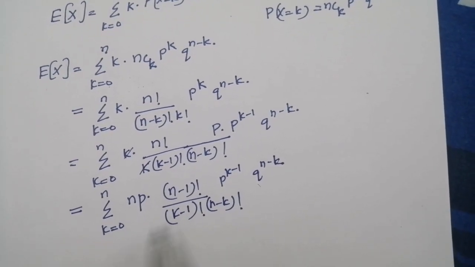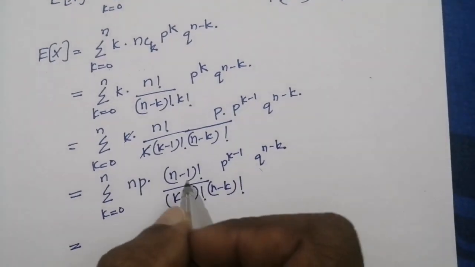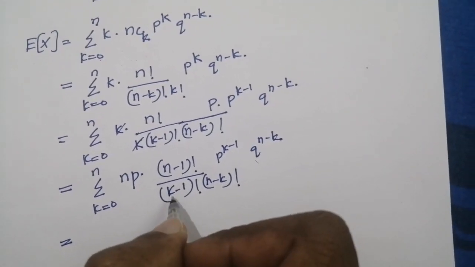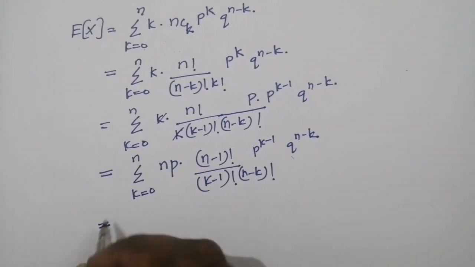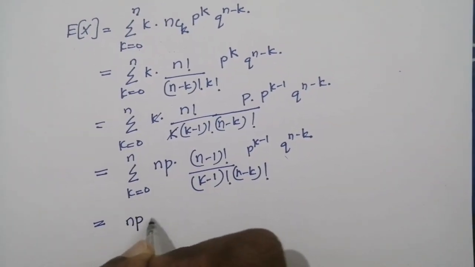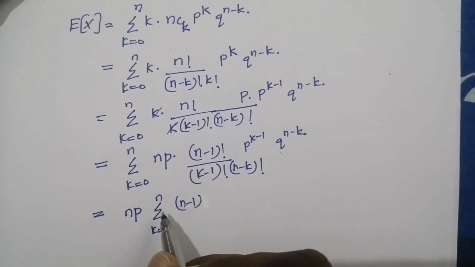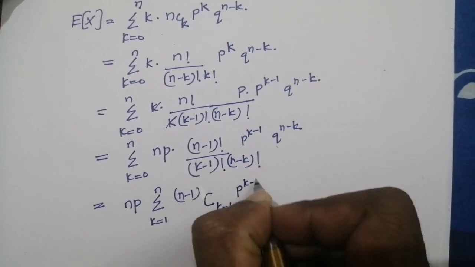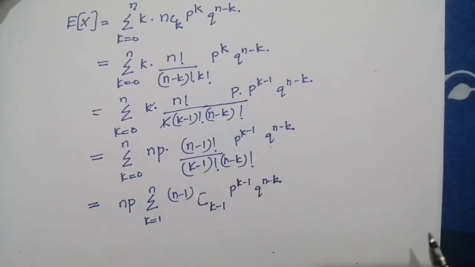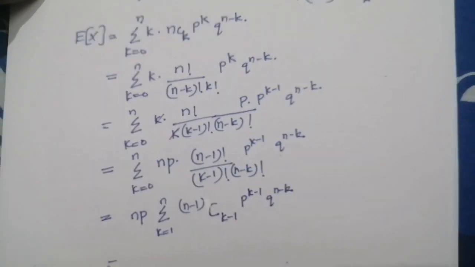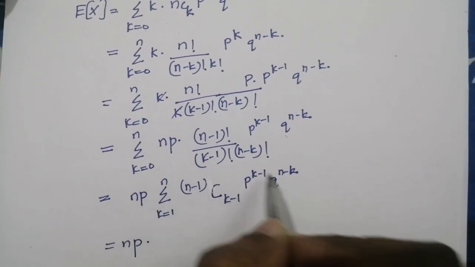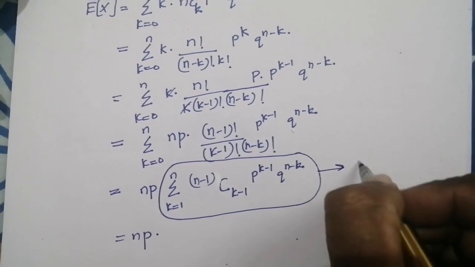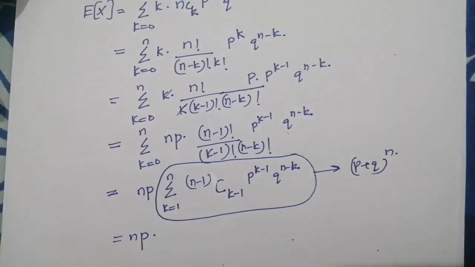In this case, the value k equal to 0 is not valid. Now this can be written as np times the sum from k equal to 1 to n of (n minus 1) C (k minus 1) p raised to k minus 1 q raised to n minus k. This will be equal to np times (p plus q) the whole raised to n minus 1.